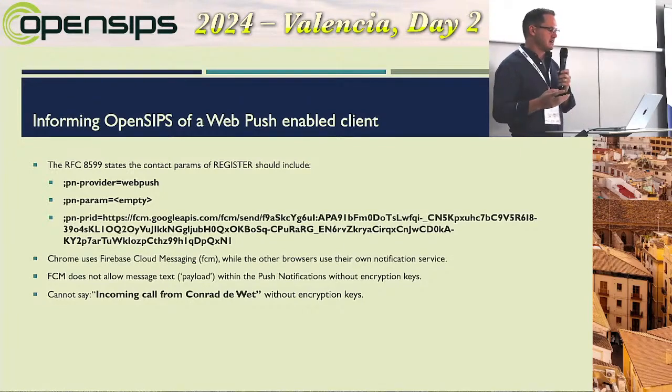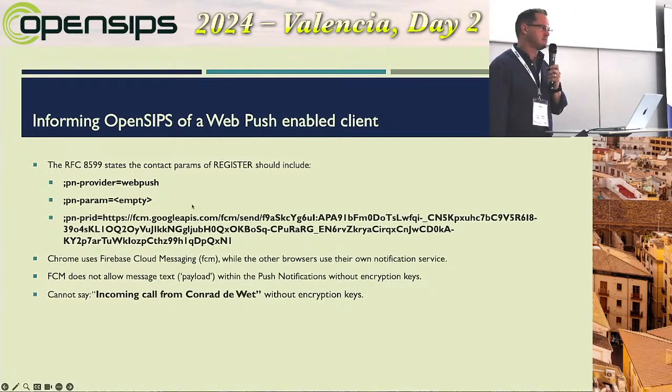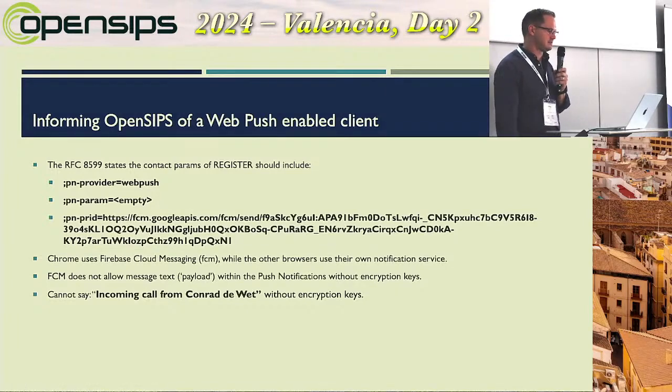So the problem is that I am not providing OpenSIPS with any keys. How am I going to be able to encrypt the message? You can see that there's missing information in here. OpenSIPS cannot store enough information for me to send a push notification to myself as a web push notification.